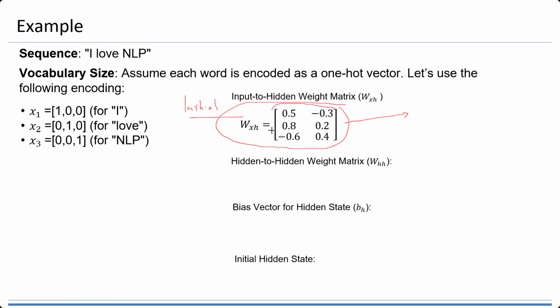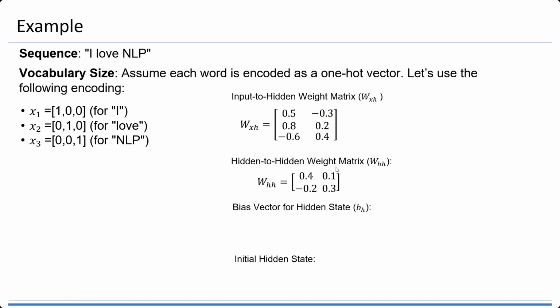So let this be the weight, which we call W. This is the W_xh, the weight matrix for the input to the hidden function.